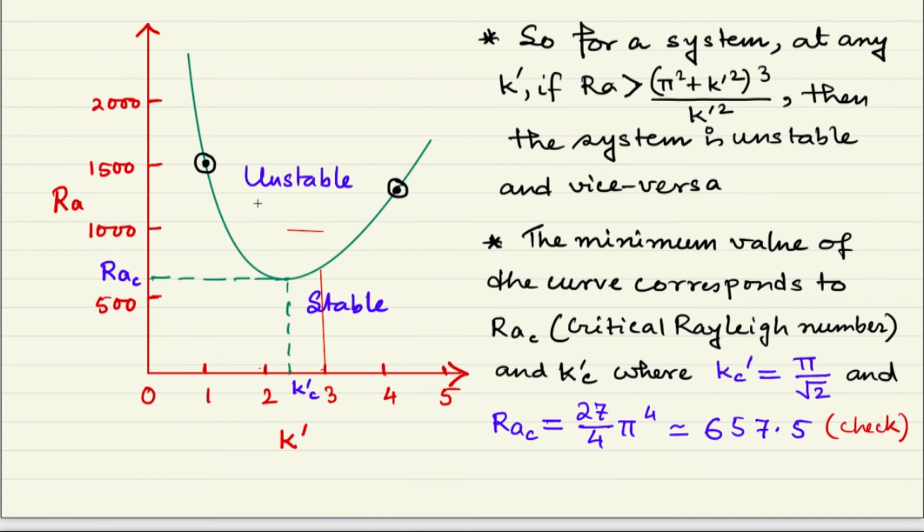Now let's say you calculate your system's Rayleigh number, which is, let's say, 1200 over here. Then you want to check whether your system will be stable against RBC or Rayleigh convection or not.